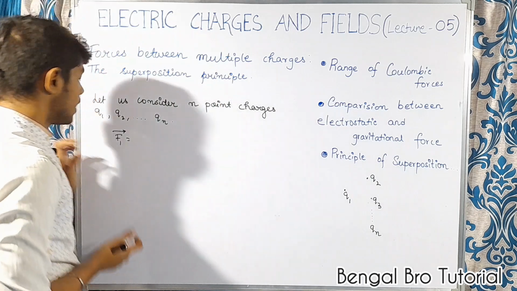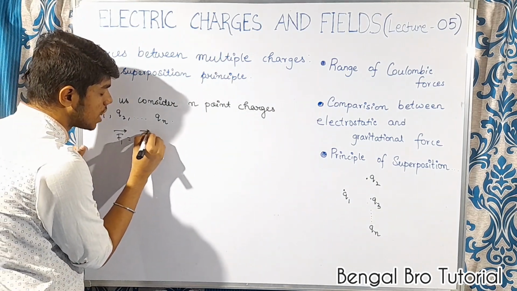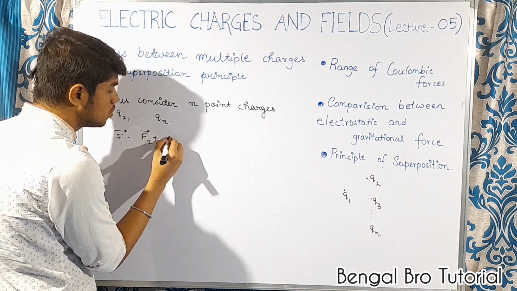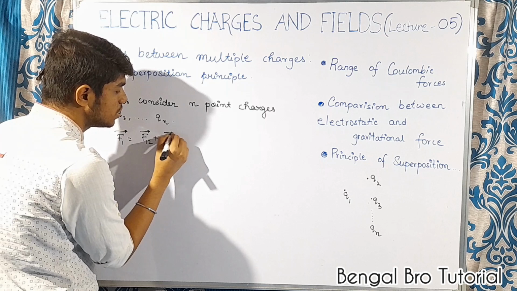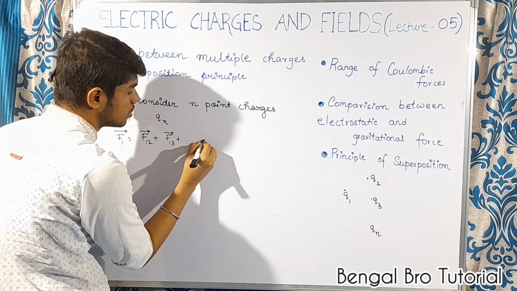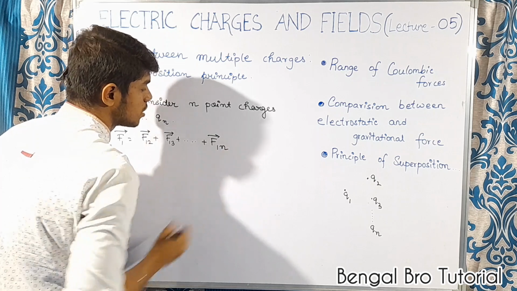So we can write F1 is equal to force on 1 due to charge Q2, force on 1 due to charge Q3 and so on up to force on 1 due to charge Qn.